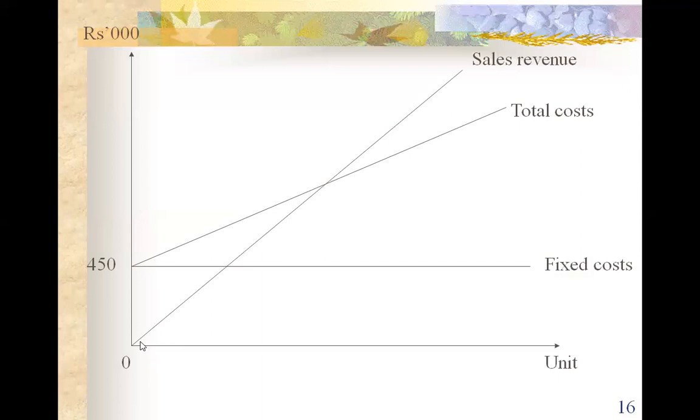Now here is the line, that is the sales revenue. So দেখেন, this is the fixed cost. Whatever the production level, it is fixed. Okay, and this we call it as a variable cost. It changes with the level of production. Okay, and in total fixed cost and variable cost, in total it is total cost.